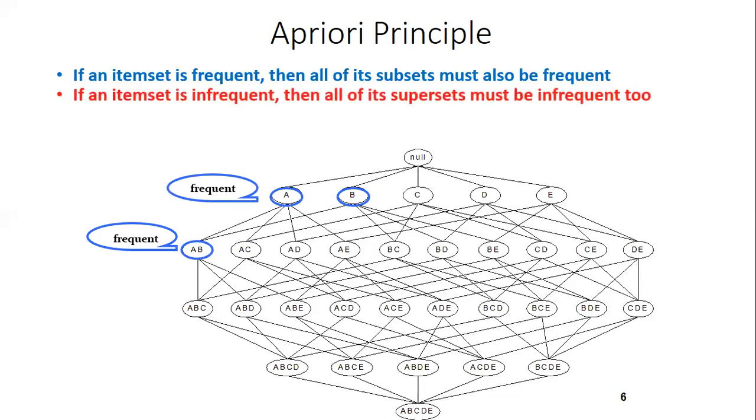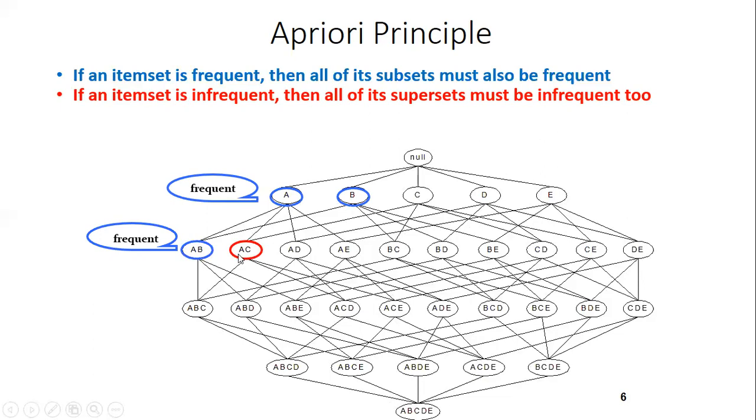Suppose we take the converse statement, where the item set is infrequent. Let us consider AC is an infrequent item set. That means there is no correlation among these items.